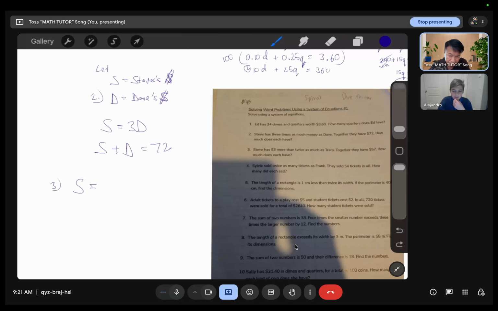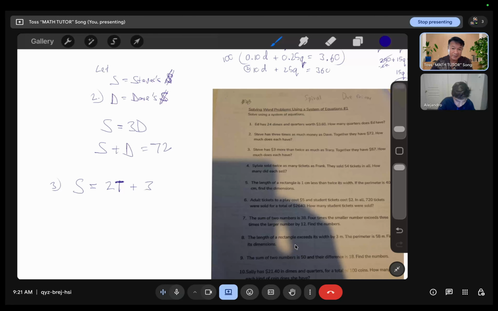I recommend you practice even for the more than right away. So what is that again? 2T, twice as much as Tracy, 3 more. I recommend you learn to put this in the back. It's standard, like computerized. When they print things, they always put it in the back. You don't have to. You could just keep it the way I wrote it a moment ago.